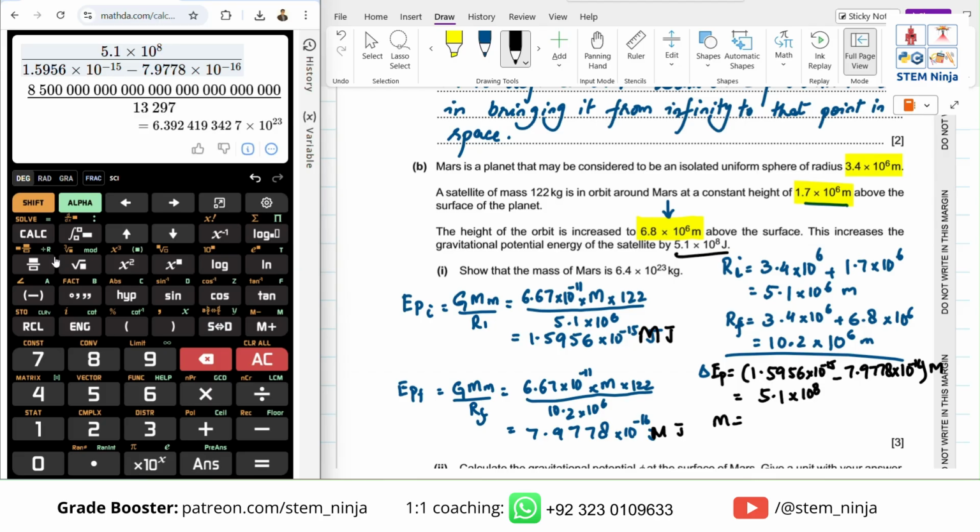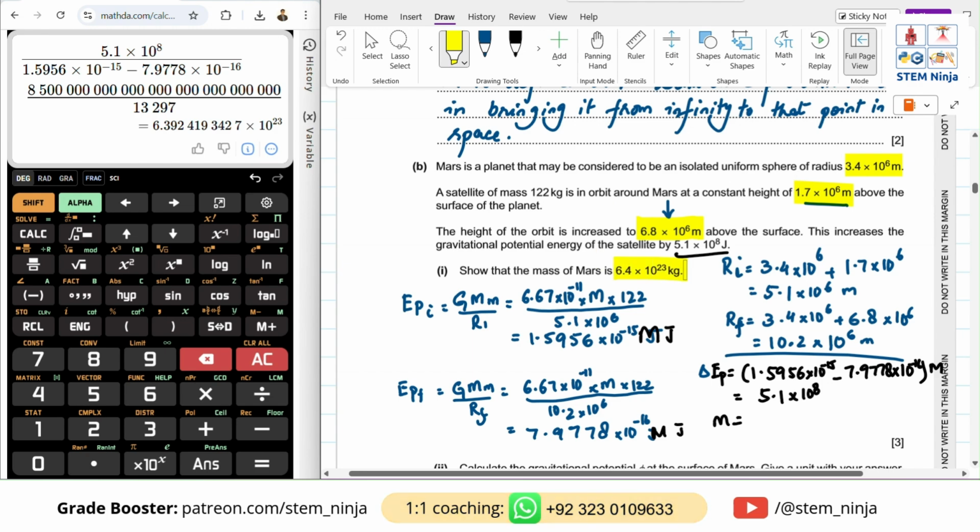So we get 6.392 × 10^23, which is almost exactly what we needed to find out. So yes, that would be 6.4 × 10^23.